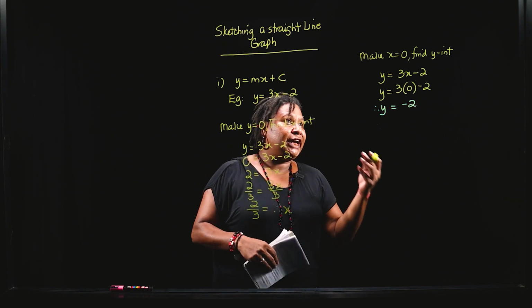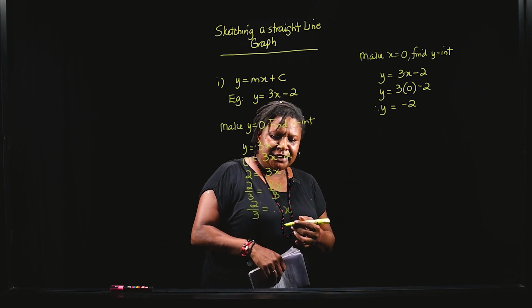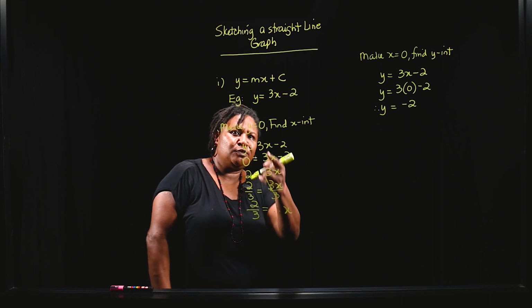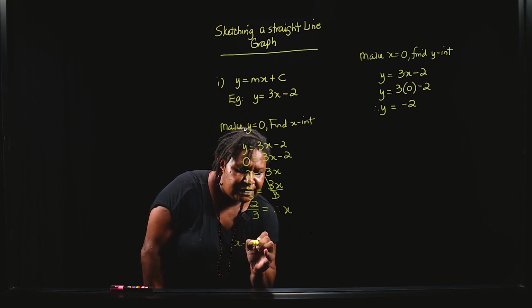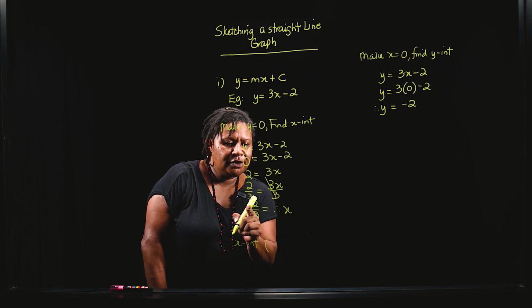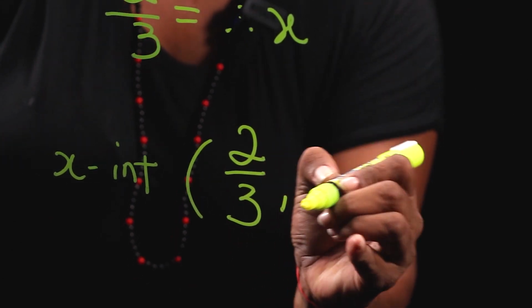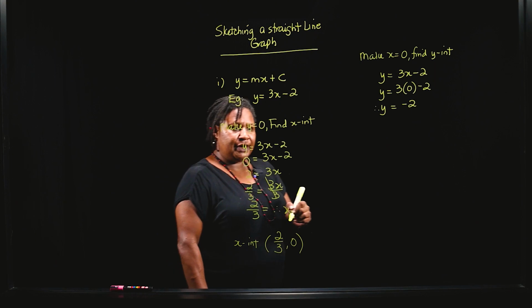So when we give the x-intercept and the y-intercept, we need to write them as points on a Cartesian plane. So for our x-intercept, the x-coordinate will be 2 over 3, and y equal to 0.